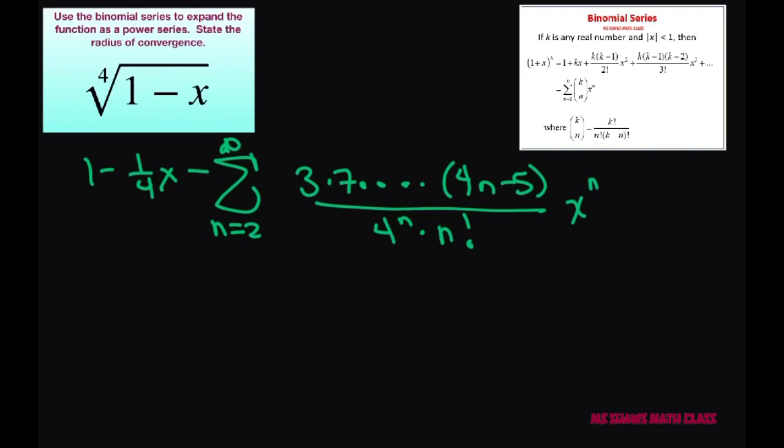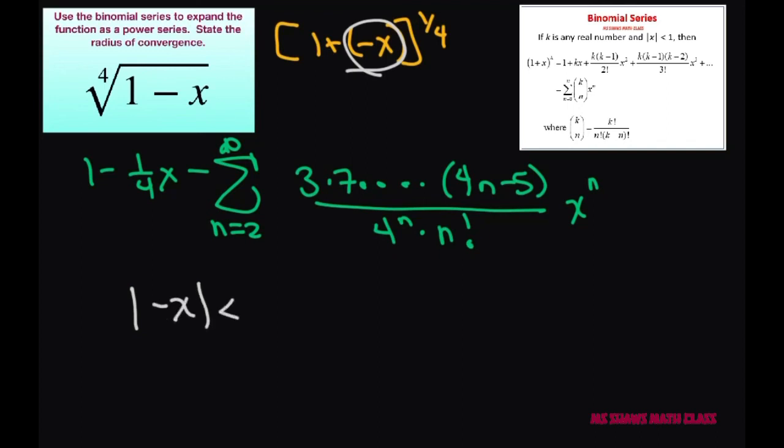Now, like I said before, we had 1 plus negative x to the power 1/4. So for your radius of convergence, you use that and write the absolute value of negative x must be less than 1 to converge.